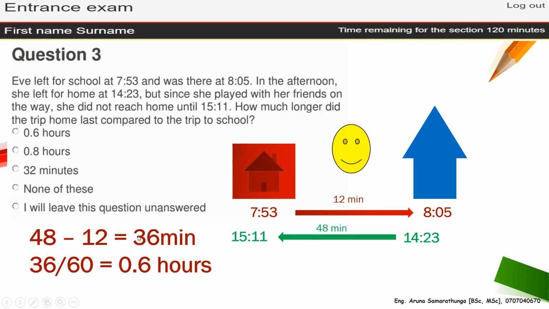So 36 minutes, but the answer is not in minutes. You have to convert that to hours, so you have to divide by 60. Why that? 60 minutes for 1 hour. So that's why I divide by 60. So the answer is this one.